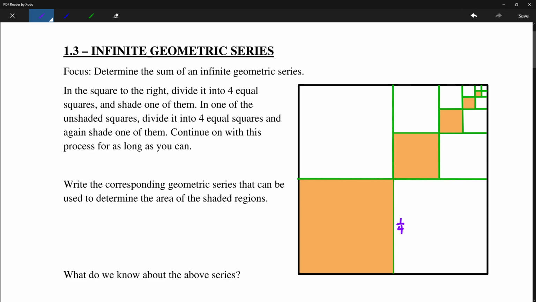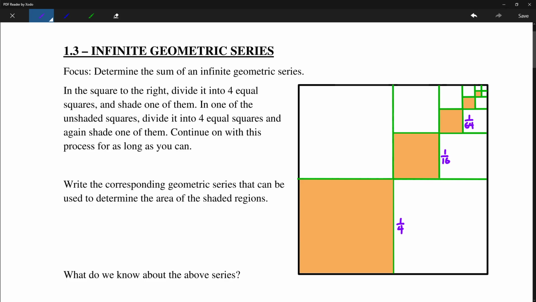The next square has an area of 1/16, 1/4 of a quarter. And then the next one after that would have an area of 1/64, and so forth.